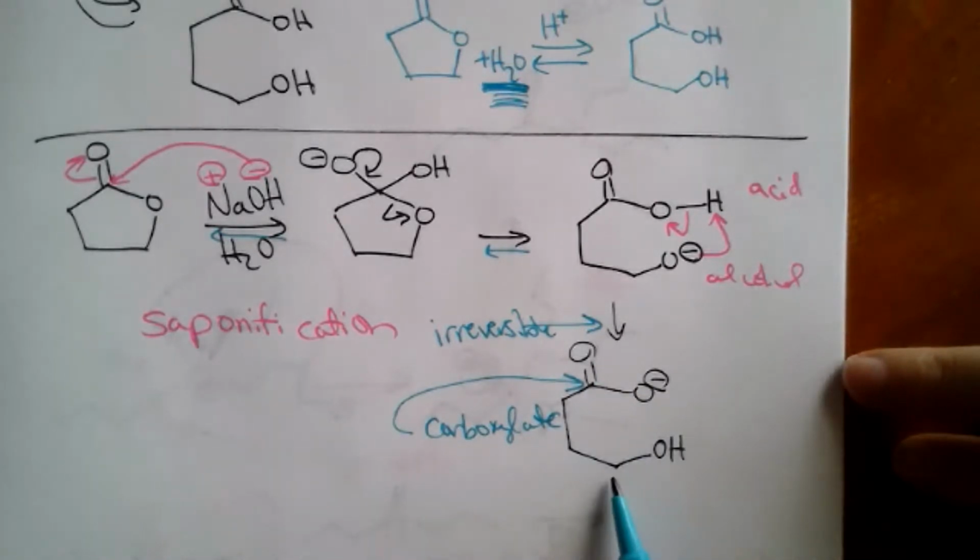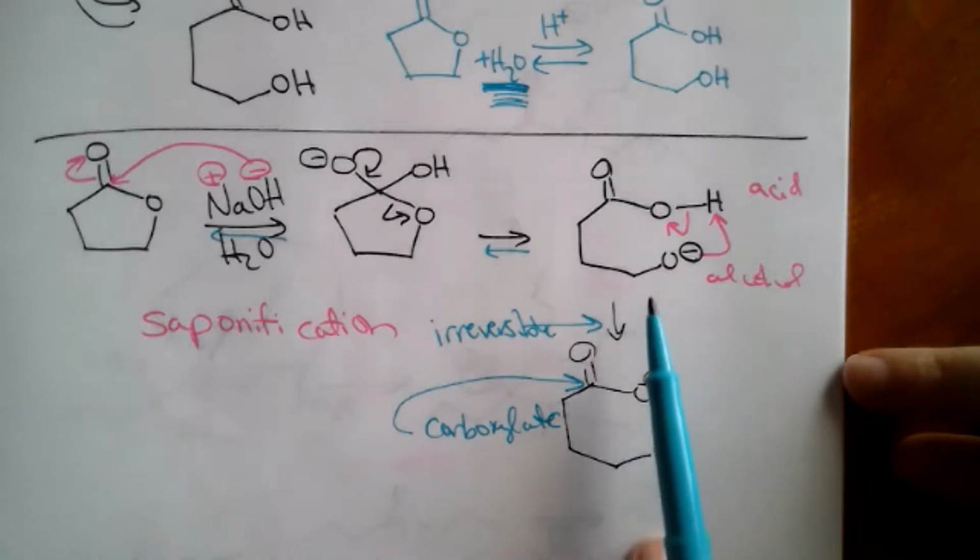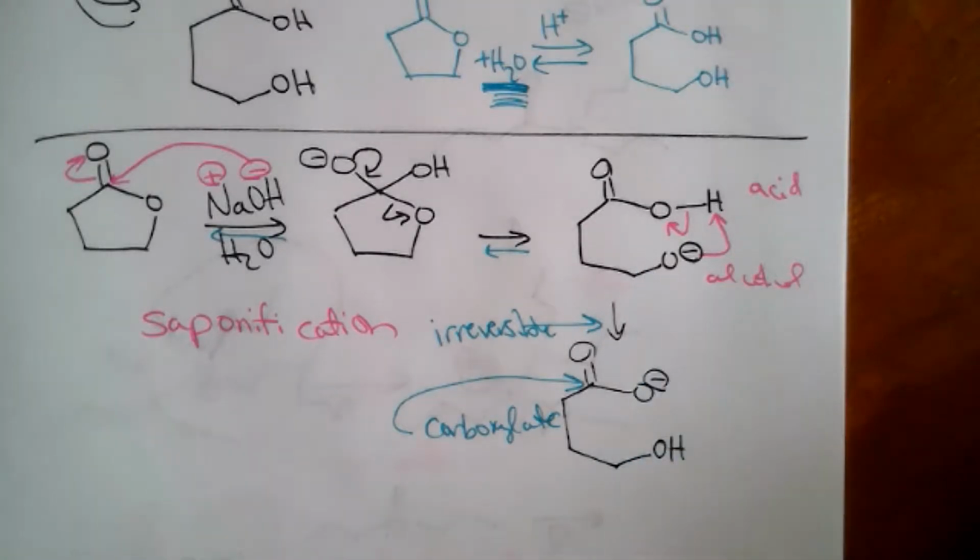Equilibrium favors this product so heavily that we say it could never go backwards to this protonation state. So there are advantages to using acid over base practically when you are in the lab trying to do this experiment, like the Fischer esterification lab that we missed previously.